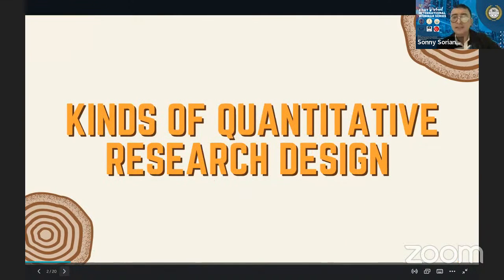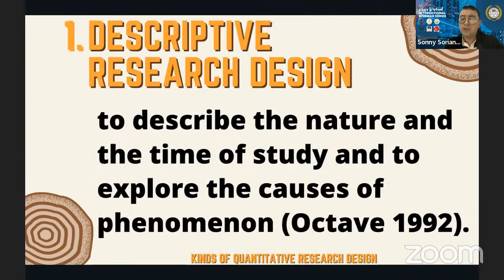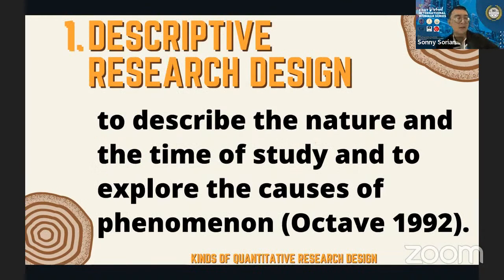Okay, first, let us identify the different kinds of quantitative research design, because we all know that there are lots of quantitative research designs. First, we have the descriptive research design. Sir, what is descriptive research design?